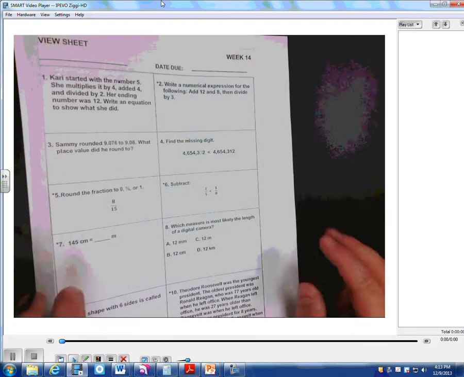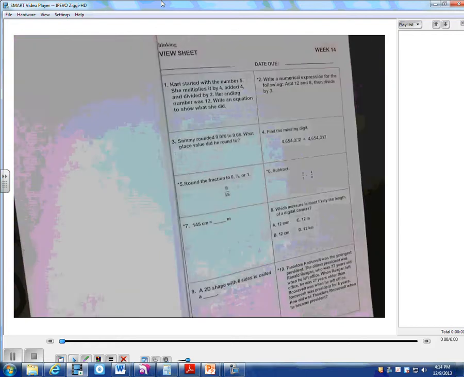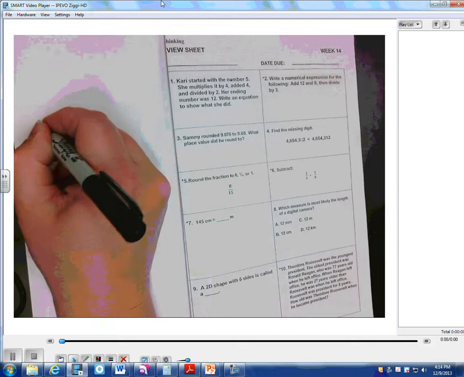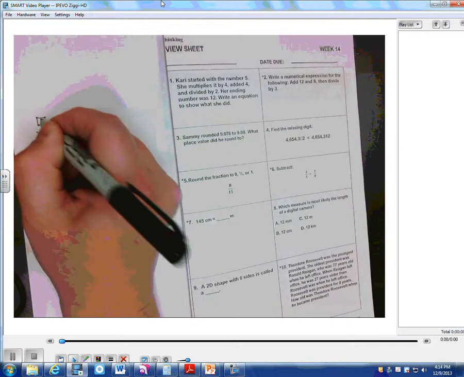Alright, so I'm going to just kind of put this off to the side so I can continue to look at it as I work through this problem. Okay, so it says that Carrie started with the number 5. So the first thing I'm going to do is start with the number 5.